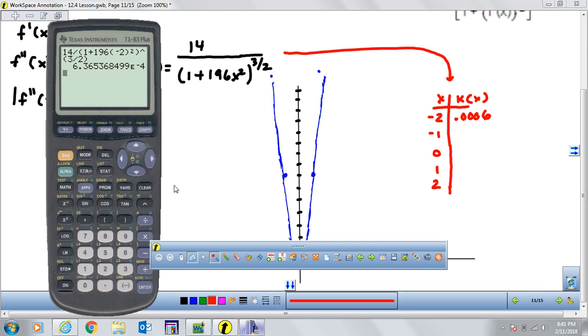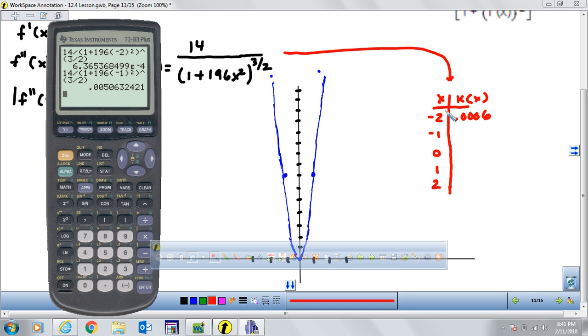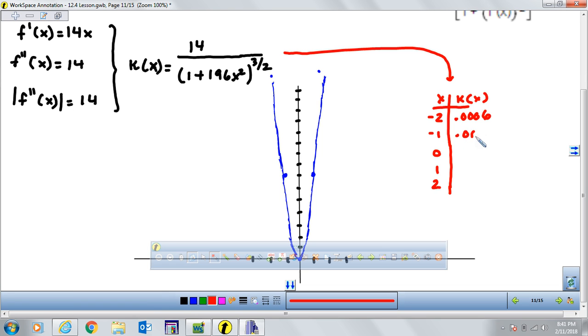What about at negative 1? So now I'm going to change that x to a negative 1 right here. Look at what it is, 0.005. What about 0?